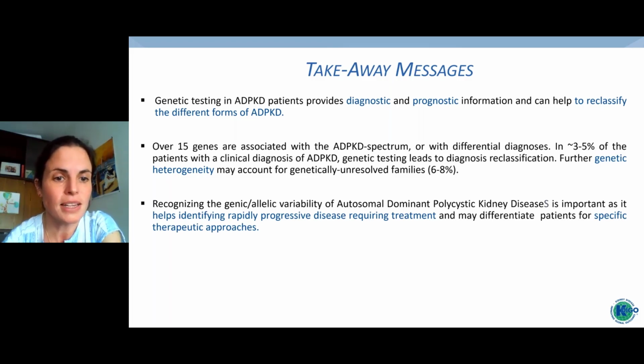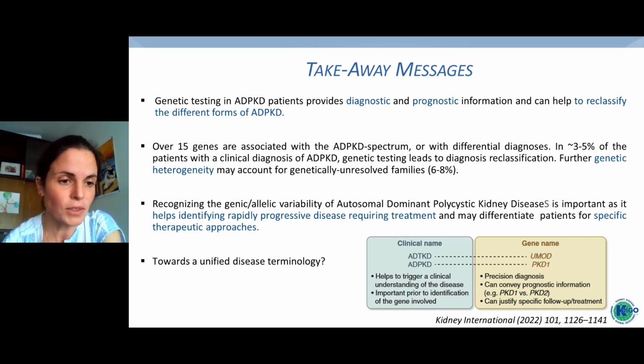Recognizing the genic and allelic variability of autosomal dominant polycystic kidney diseases is important as it helps identify rapidly progressive disease requiring treatment, and may also differentiate patients for specific therapeutic approaches.